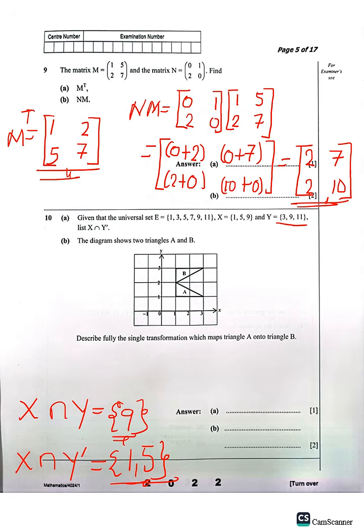Like if you look into the mirror, you see the image of yourself. So this is reflection. So for us to describe a single transformation where reflection is involved, we need to look at what our mirror line is. So from this, the mirror line should be in between the two triangles. So this is where our mirror line is.